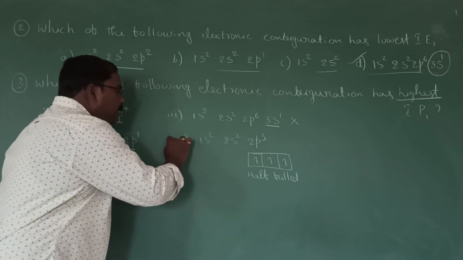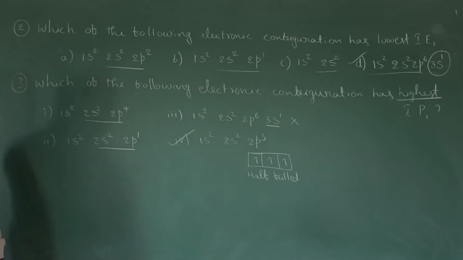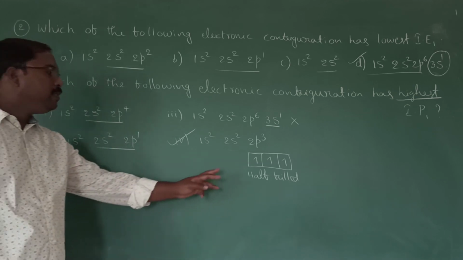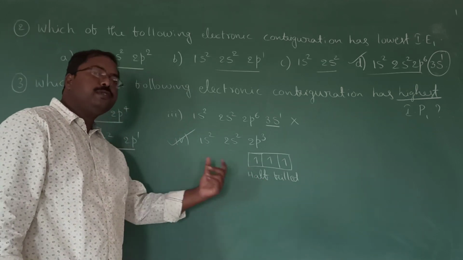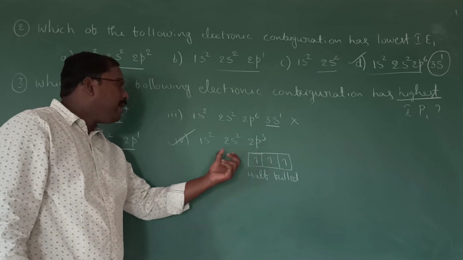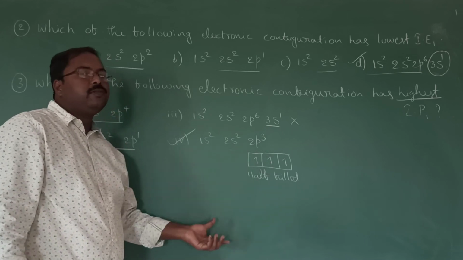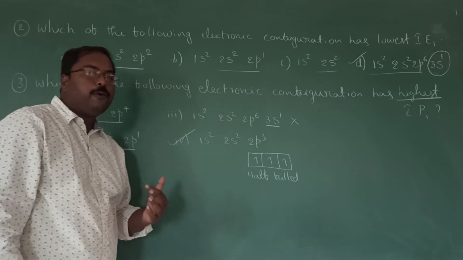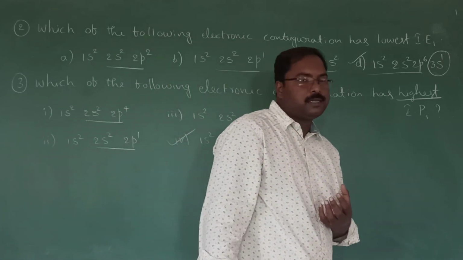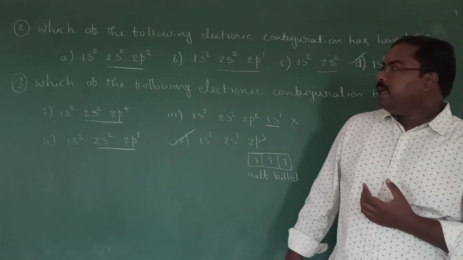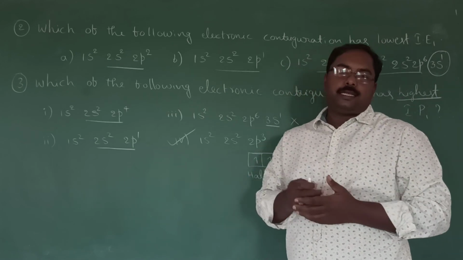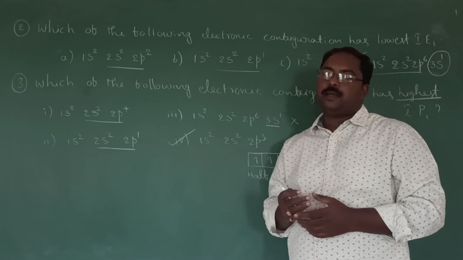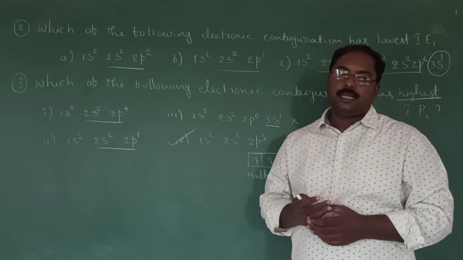So blindly we can choose the fourth option, because 2p1 or 2p4 are not half-filled. 2p3, due to half-filled symmetry in the configuration, has some extra stability. So it will have the highest out of the four options. Okay? I hope now we are able to solve these types of questions in an easy way. Right? There are a few other models too. Some typical models of how they ask in the national examinations, those models we will discuss in the next class. Thank you.